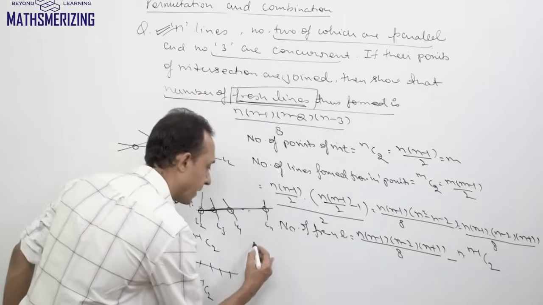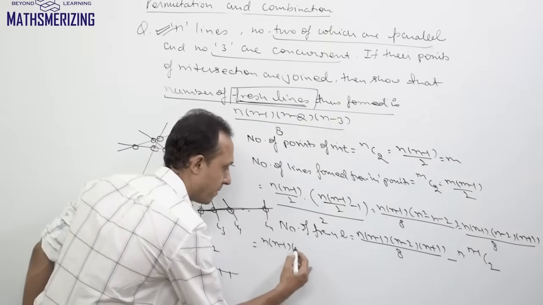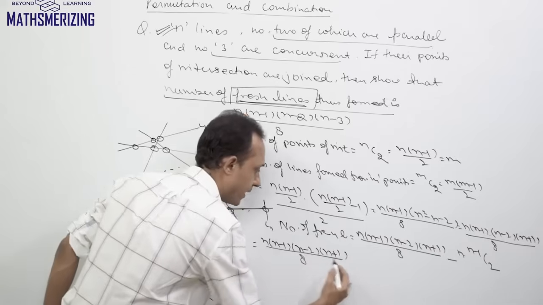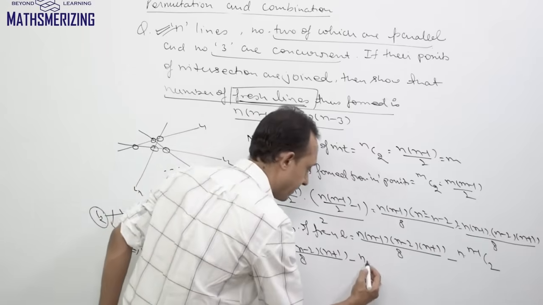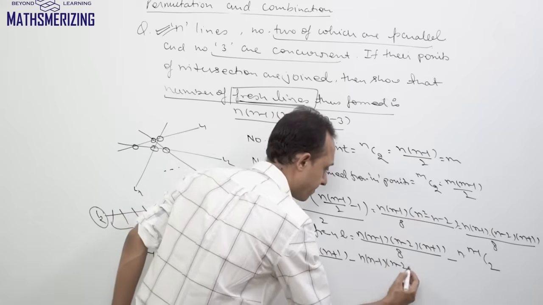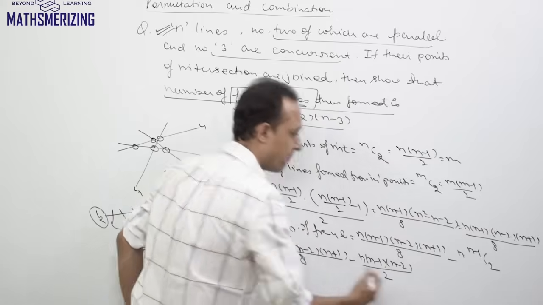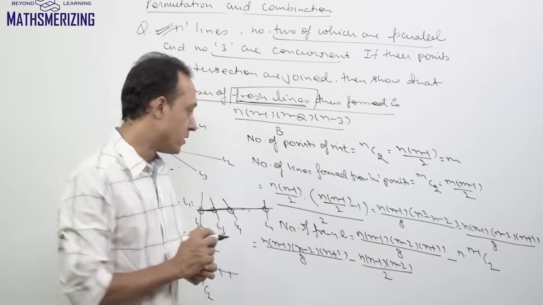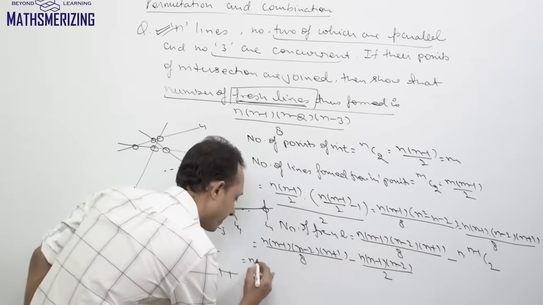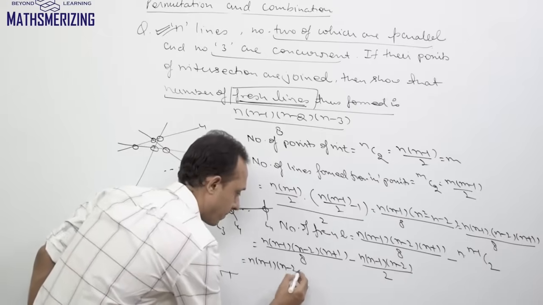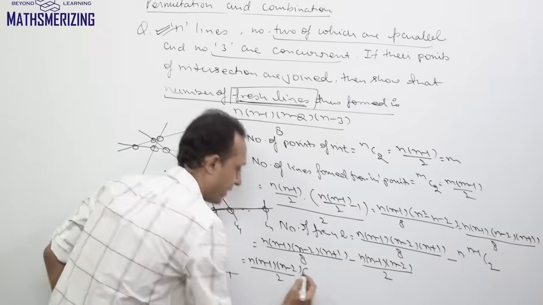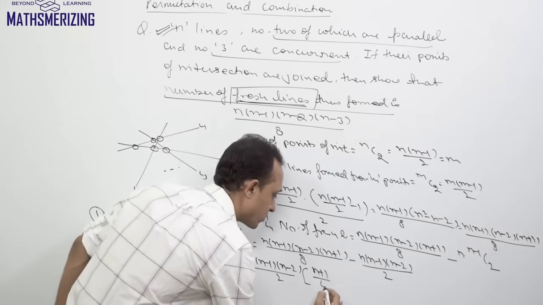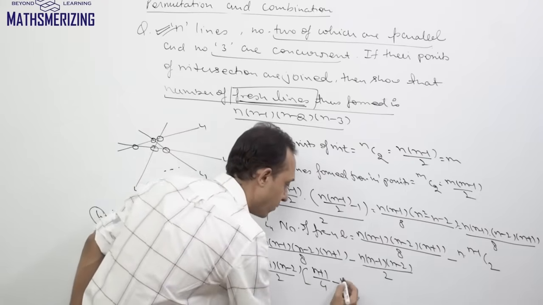If I simplify, I'll write it as n(n minus 1)(n minus 2)(n plus 1)/8, and then minus n(n minus 1)(n minus 2)/2. Now here I'll take n(n minus 1)(n minus 2)/2 common. If I take it common, then I'm left with (n plus 1)/4, and here it will be 1.